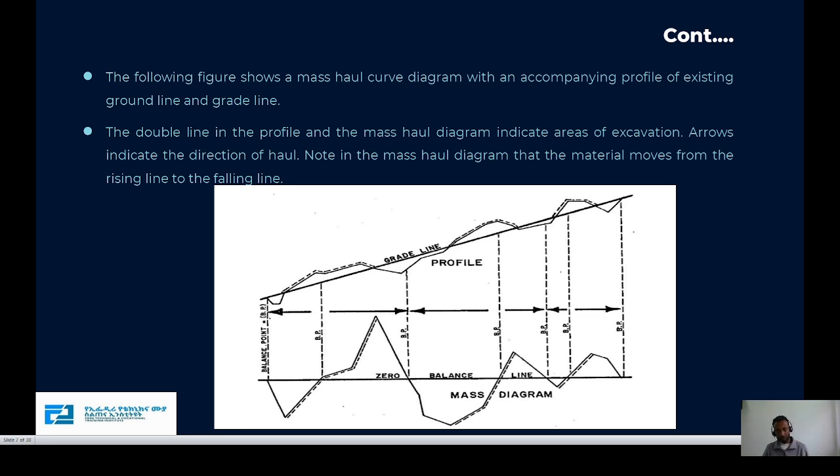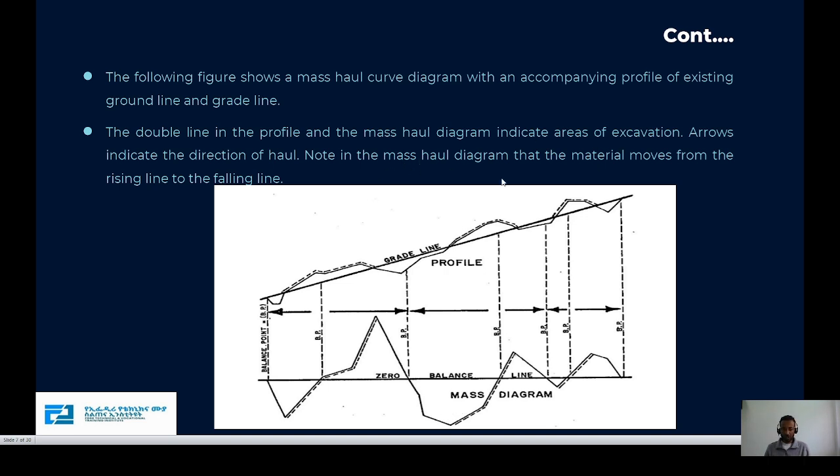In the following figures we see the mass haul diagram and the profile. The double lines in the profile indicate a cutting section or excavation, and the arrows show the direction of hauling. This material is suitable, so we fill the earth.